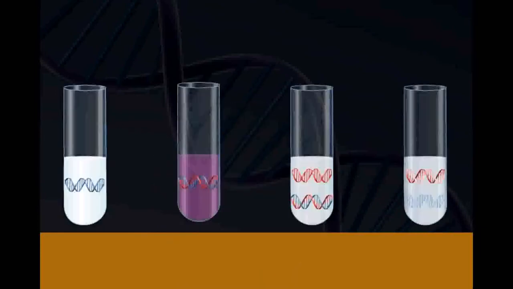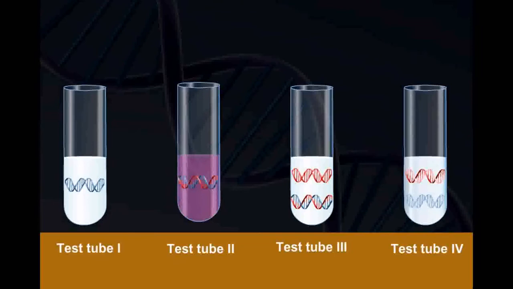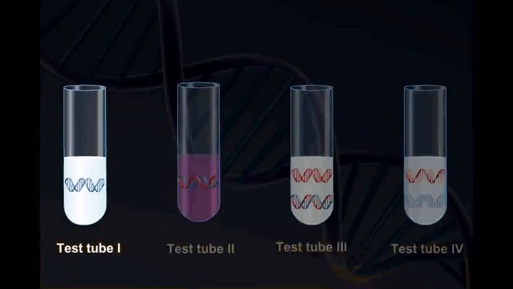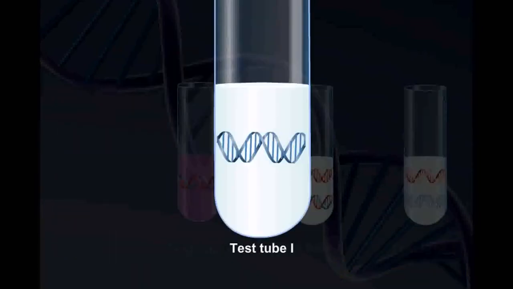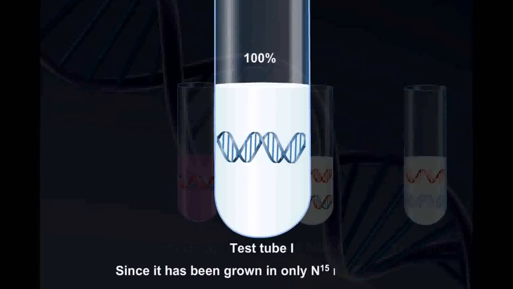After analysis of test tube 1, 2, 3 and 4, it was observed that test tube 1 contains DNA with 100% heavy isotope, that is N15, since it has been grown in only N15 medium.